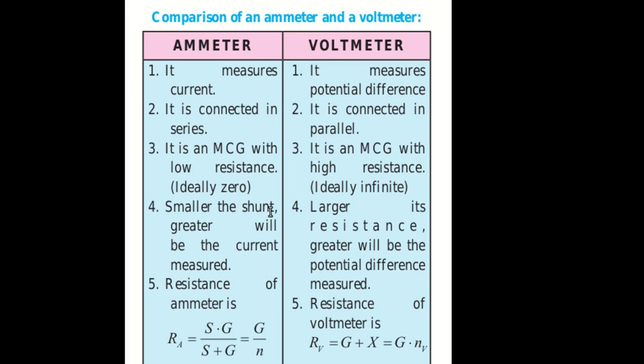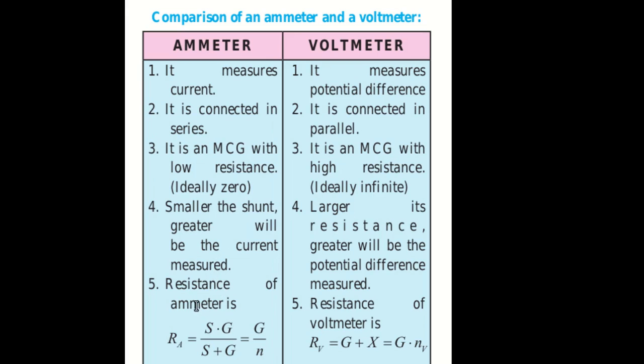If we have a smaller shunt, the greater the current measured. So we try to get a very small shunt in case of the ammeter, while in case of the voltmeter we try to get very high resistance. Higher the resistance, higher the potential difference measured, and in the ammeter smaller the shunt, greater the current measured.